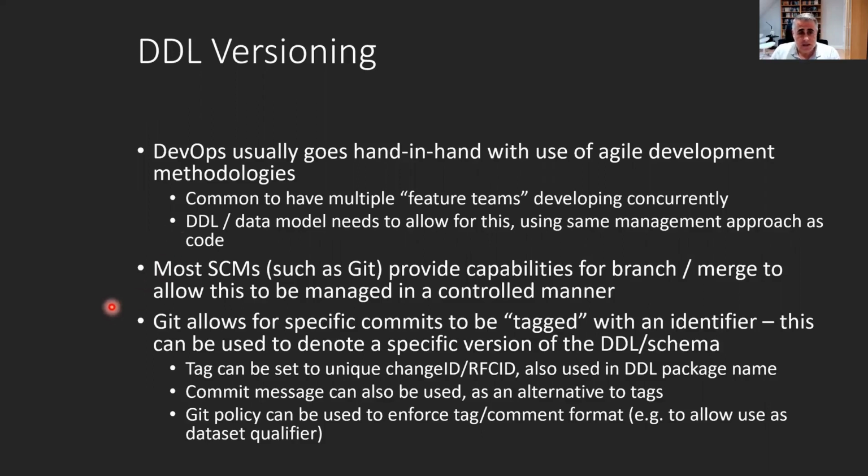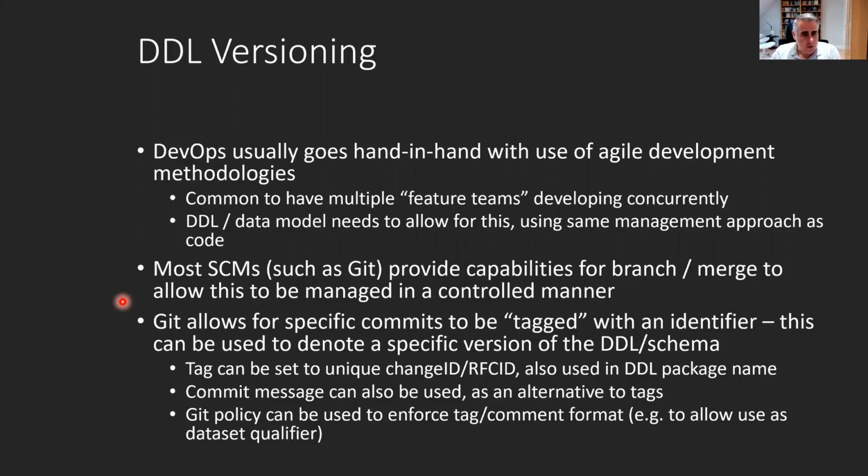Most SCMs, and again, I'm going to carry on using Git here because it's by far and away the most popular DevOps SCM, have the same concepts in terms of being able to branch the DDL or the code that you're using, have concurrent development of that, and at some point merge those changes back into your main line to have a new baseline for that code.